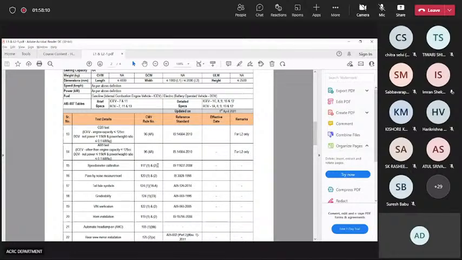Okay. Then next is your point number 20, which is horn installation. So the standard IS 15796 defines the position of the horn and the loudness of the horn. So that installation has to be checked. Then point number 21 is basically for AHO, automatic headlamps on.